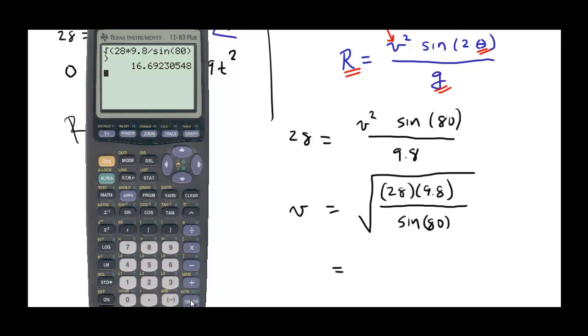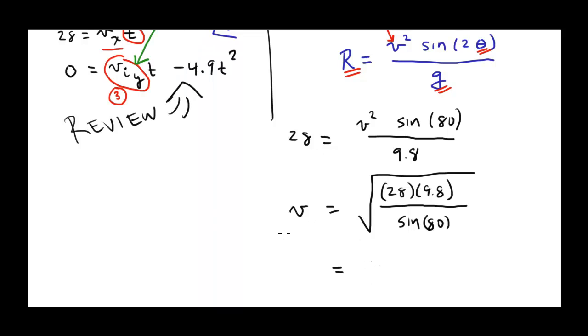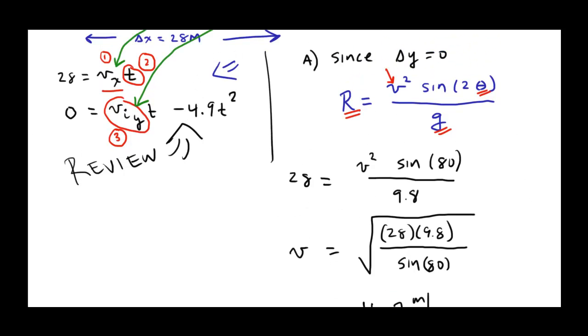And I end up with 16.7. 16.7 meters per second. That's a lot easier than having to do the substitution. So if you happen to remember this range equation, it does, in certain circumstances, make your life a hell of a lot easier.